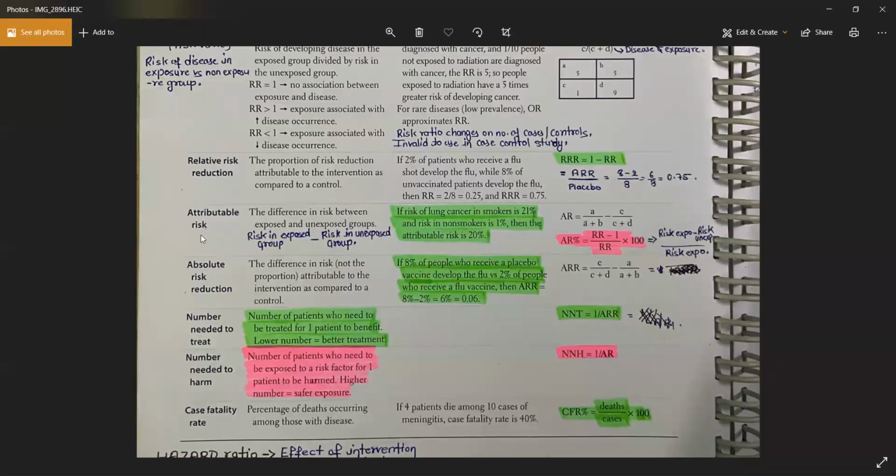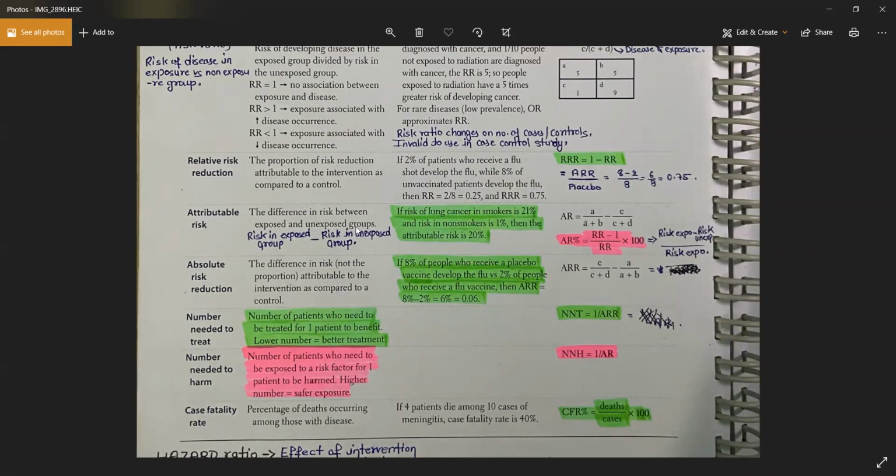Okay, and if step 1 asks you the attributable risk percentage, then this would equal the absolute increase in the risk, or the attributable risk, divided by the risk in the smoking population, or the exposed group.